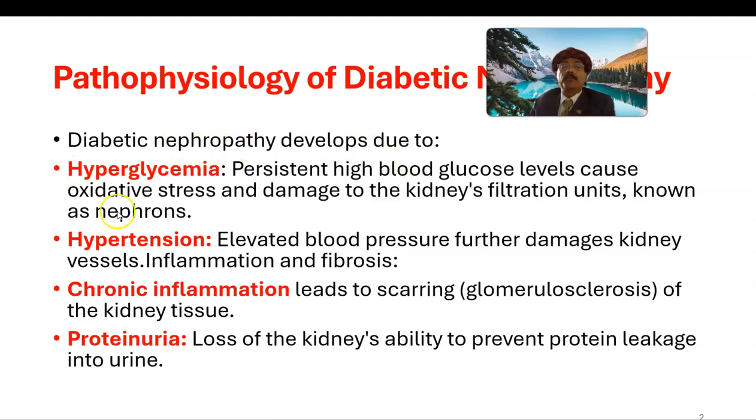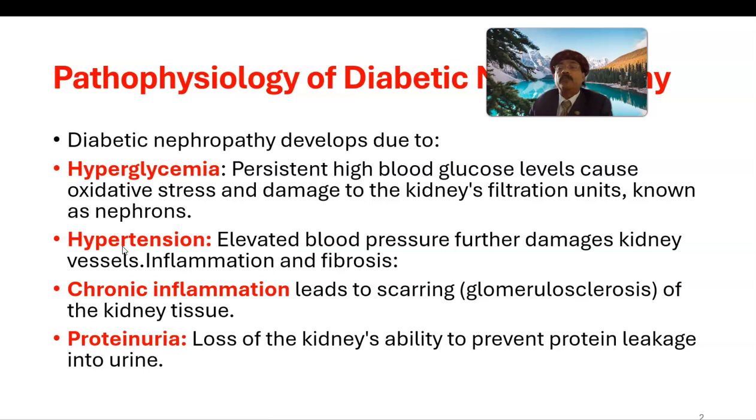Diabetic nephropathy develops due to hyperglycemia. Persistent high blood glucose level causes oxidative stress and damage to the kidneys' filtration unit, known as the nephron. Hypertension, elevated blood pressure, further damages kidney vessels, with inflammation and fibrosis. In a patient with long-standing diabetes, there may be development of hypertension.